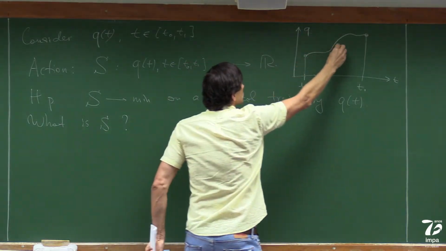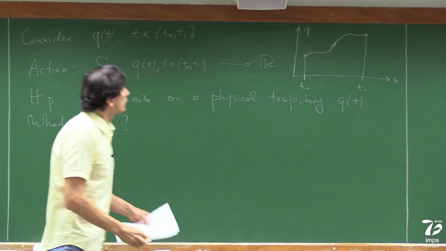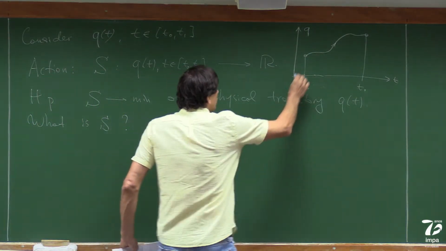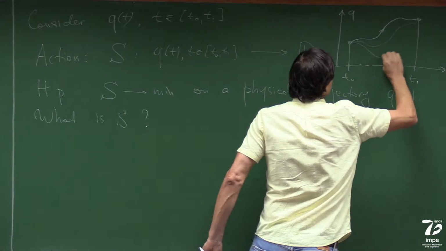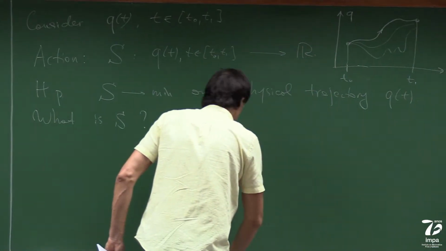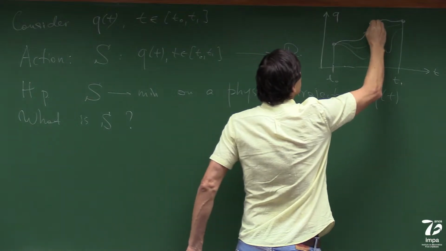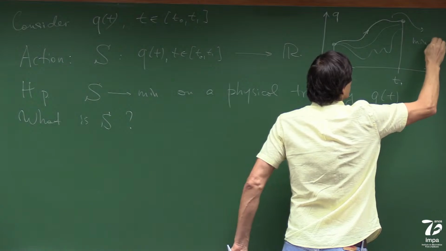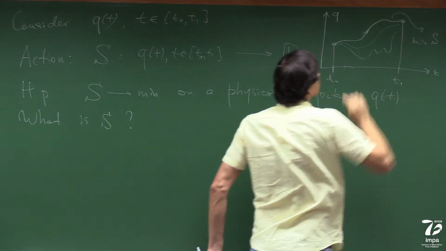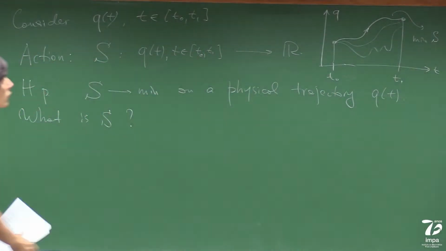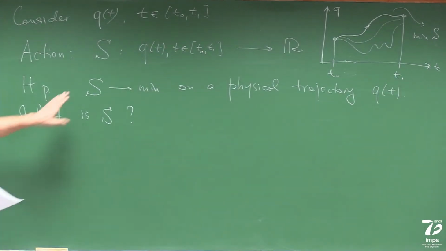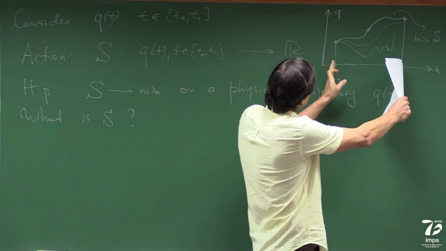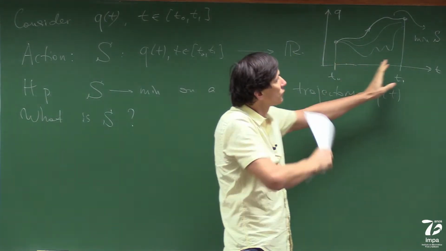Among all the other trajectories that you can choose, this one will define a minimum of the action, right? So the first restriction given by this formulation is that the dynamics on each interval does not depend on what was before and what is after.